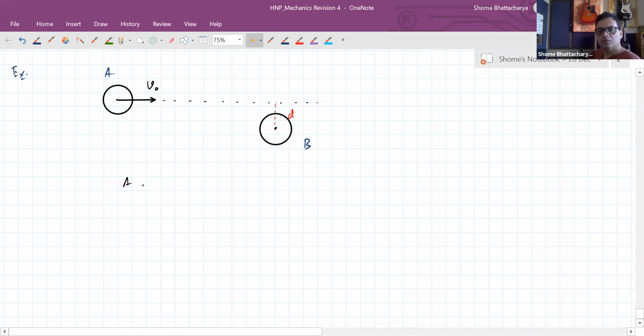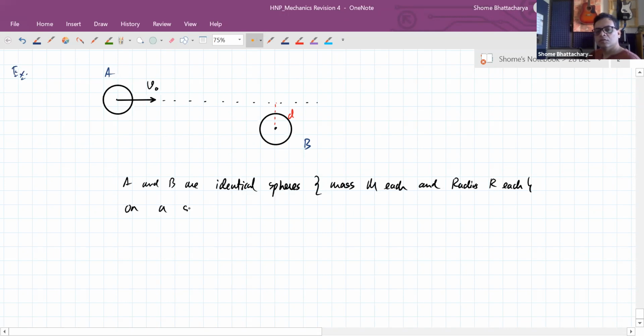So A and B are identical spheres, mass m each, and radius r each, on a smooth horizontal surface.